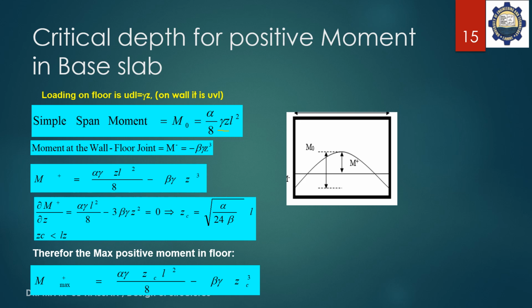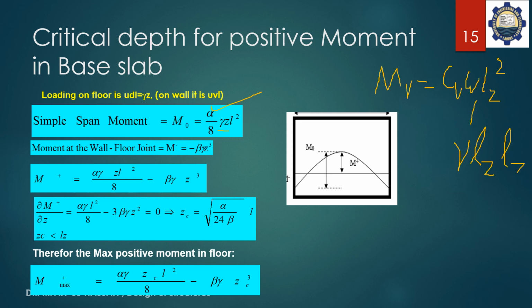So W is equal to gamma Z, L square over 8 into alpha, where alpha is the fraction of the load going in the shorter direction. This is also available based on the span ratio. You can compute how much load is going in the shorter direction and how much in the longer direction. Then the negative moment at the wall, generally I can write any negative vertical moment as CV negative into W into L, where W is also equal to gamma into Lz.